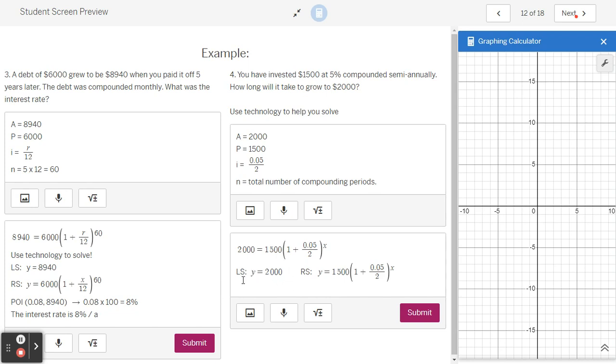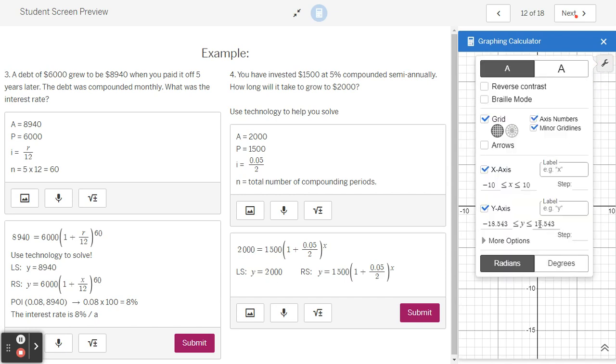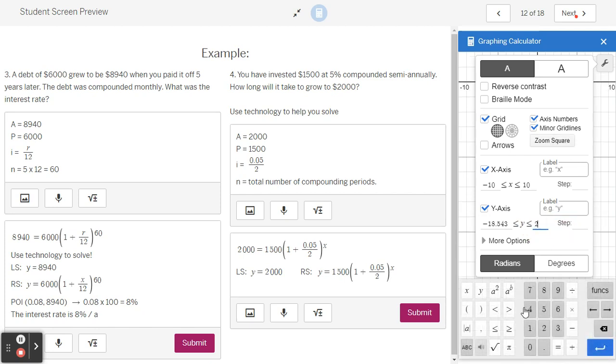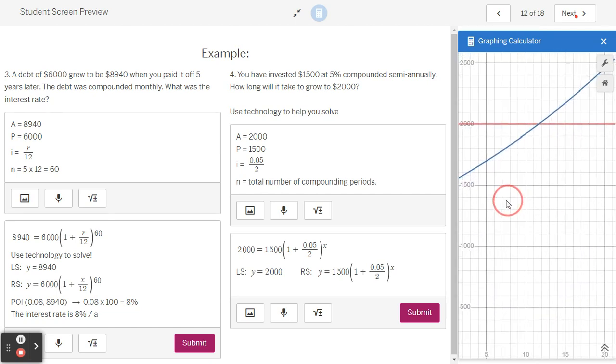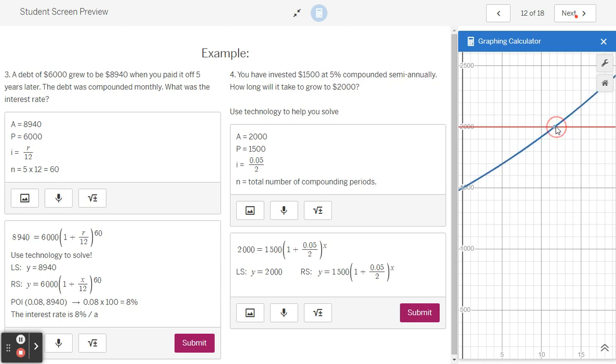I know that the y value goes to at least 2,000. Let's change the field of view. For the y-axis, let's make the top end 2,500. Okay, we already see a graph there. Click on it and we see that we have a point of intersection: 11.7 and 2,000.